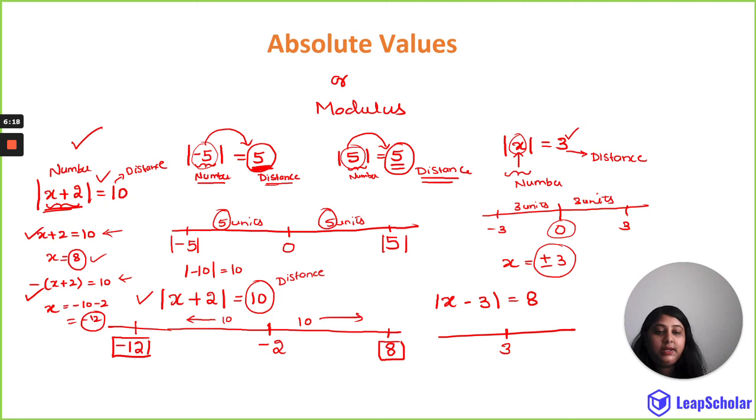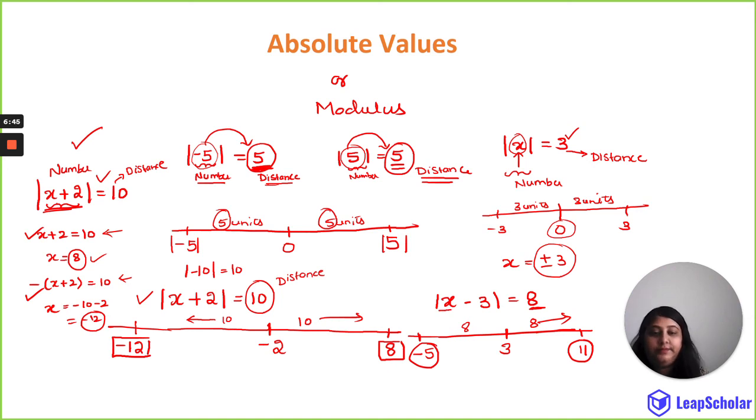And what is the distance you need to look for? 8 units on both sides. On this side, 8 units from 3 gives 11. On this side, 8 units, count it, gives minus 5. So the possible values of x are minus 5 and 11.